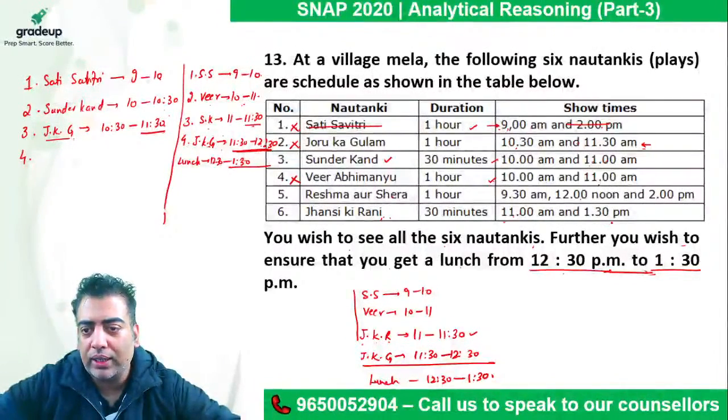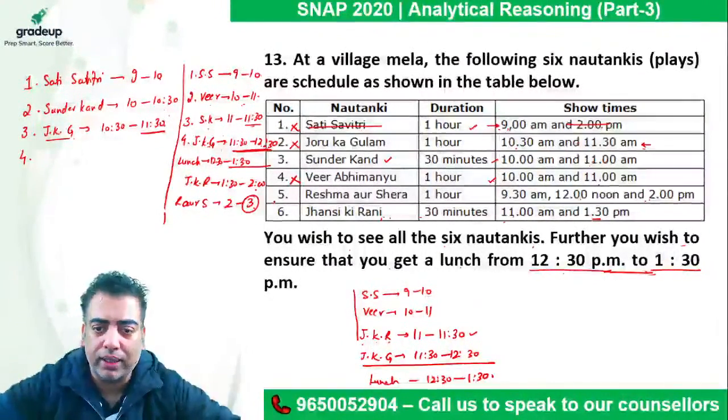So Jhansi Ki Rani will start at 1:30 and duration is 30 minutes. So I will watch Jhansi Ki Rani here at 1:30 to 2. And then I can watch Reshma or Shera from 2 to 3. And I will be free by 3.